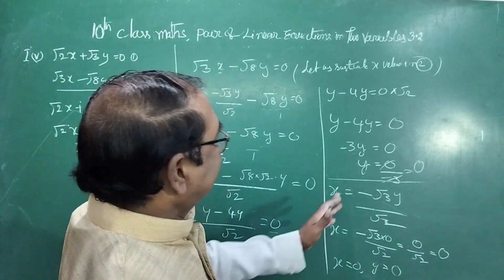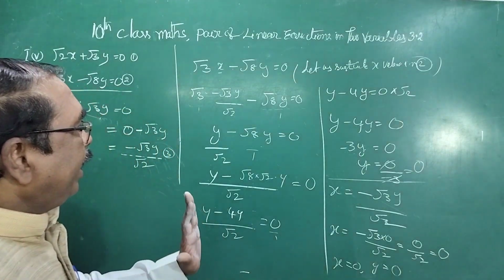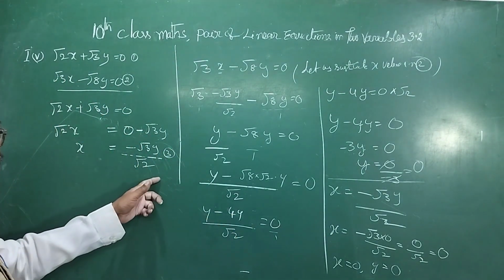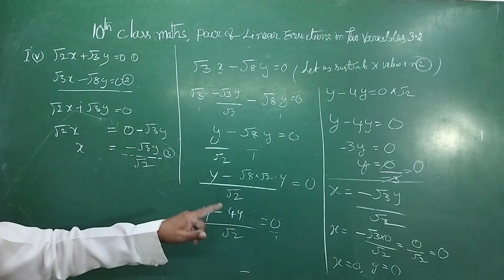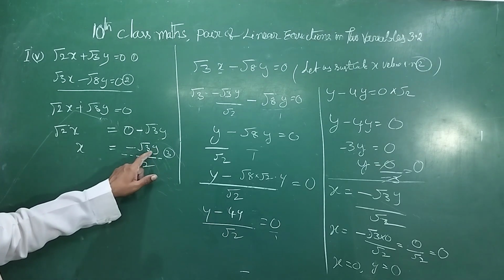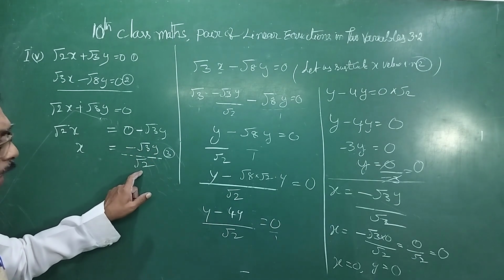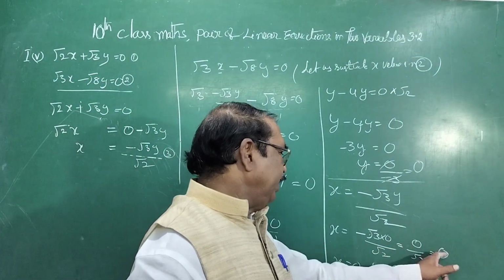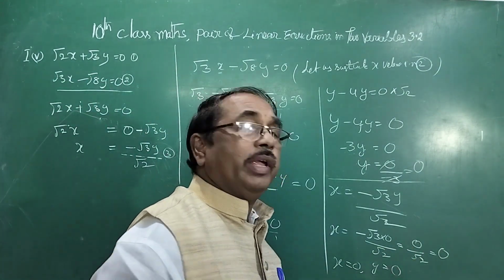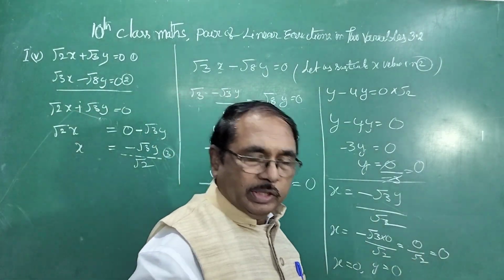We substituted this y value in the x value. When y is 0, whatever is multiplied is 0, and 0 by root 2 is again 0. So the x value is 0 and the y value is also 0. Thank you very much.